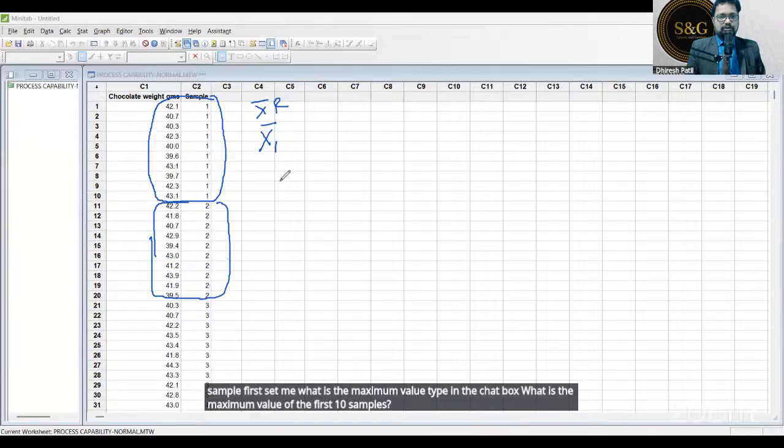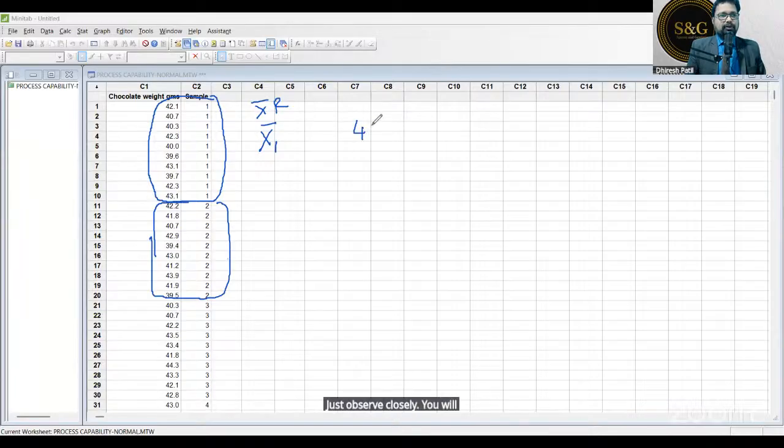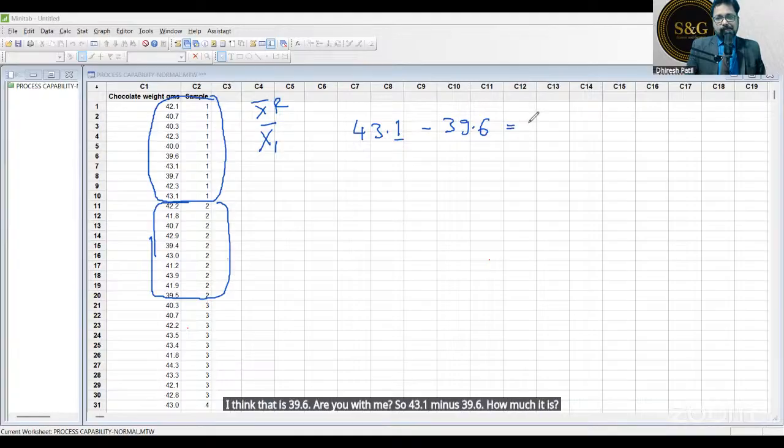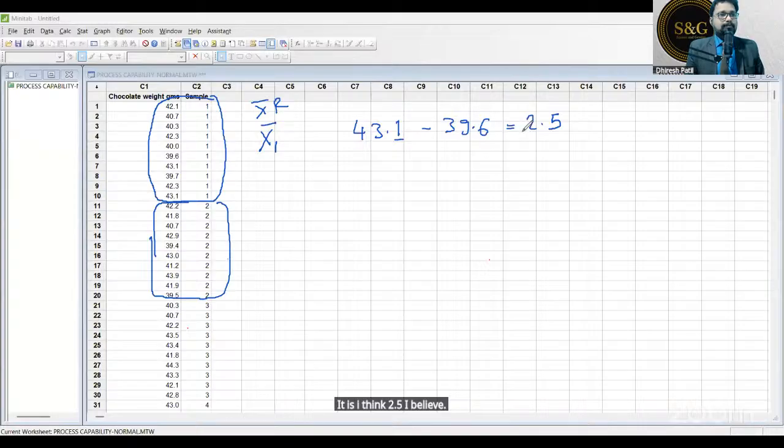Just observe closely. You will find 43.1. Correct? Everybody with me? I think that is the 10th sample. What is the minimum value? I think that is 39.6. Are you with me? So 43.1 minus 39.6. How much is it? I think it is 2.5, I believe. Correct? So the range will be 2.5.